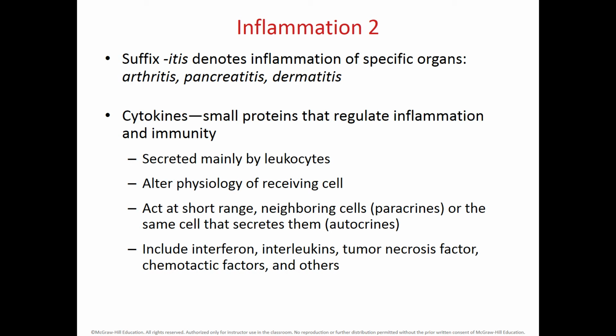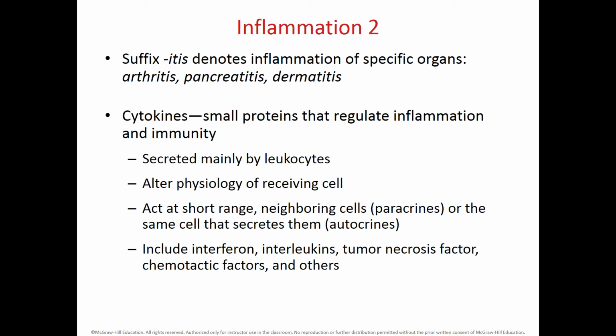So we can have arthritis, which is inflammation of our articulation, pancreatitis, inflammation of our pancreas, dermatitis, inflammation of our dermis. Many of these inflammatory processes happen because the cells that are injured release cytokines.